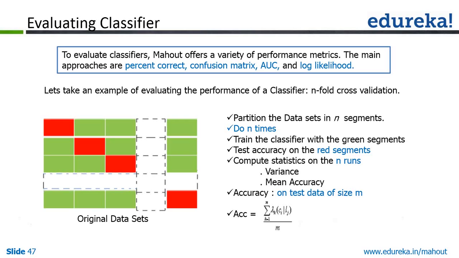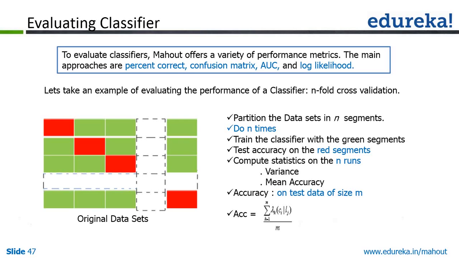I will give an example of why that is required and what problems can occur if you are not doing it properly. But before that, Mahout provides different metrics to measure the performance of the classifier: percent correct, confusion matrix, area under curve, and log likelihood.